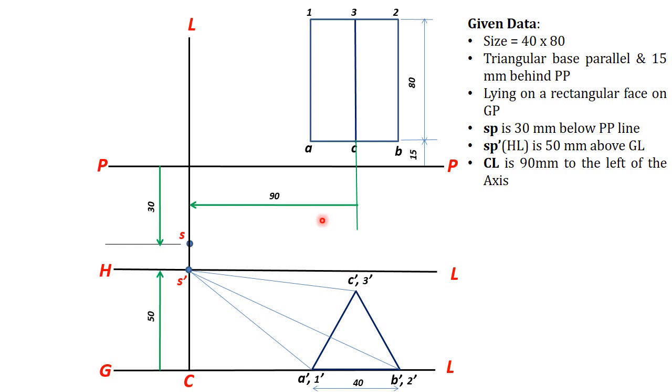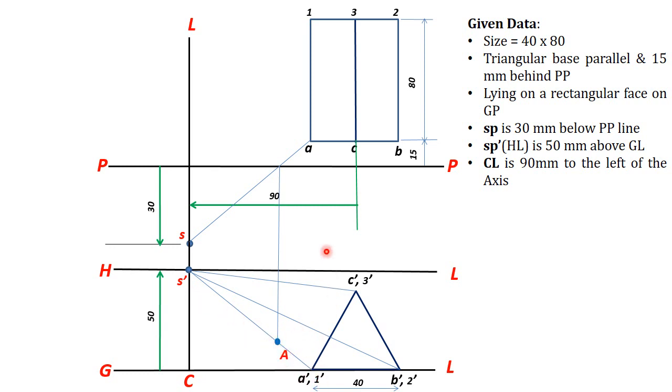Okay, then to find the perspective view of point A, draw the top view visual ray from S to A, and from the intercept on PP, draw a perpendicular line towards the corresponding visual ray in the front view, that is S dash A dash.